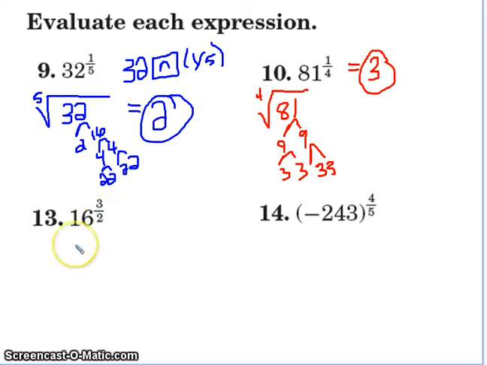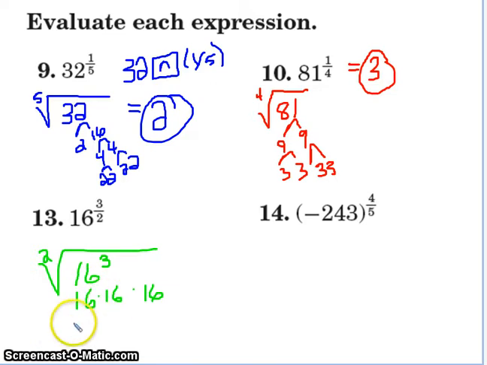We look at 16 raised to the 3 halves. This actually means that we have the square root, because our root is always the denominator, of 16 cubed. Now, 16 actually can be simplified. First of all, we can say we have 16 times 16 times 16. And so that is going to give us 2 16s. And then you know that this is also 4 times 4.